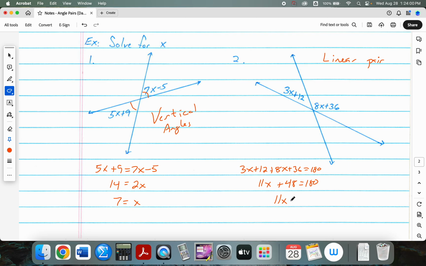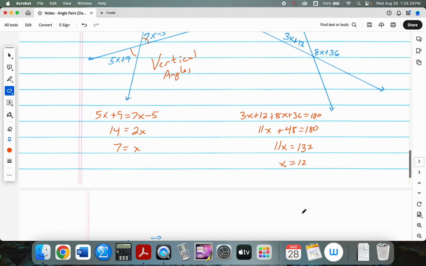So 11x is 132, giving me x is 12. All right, any questions about that?